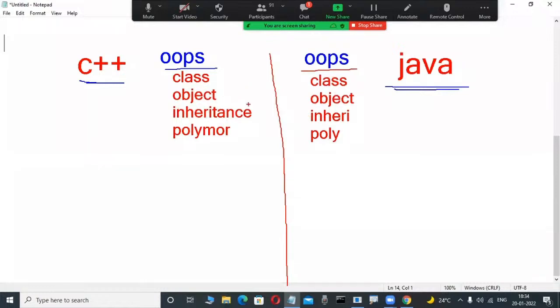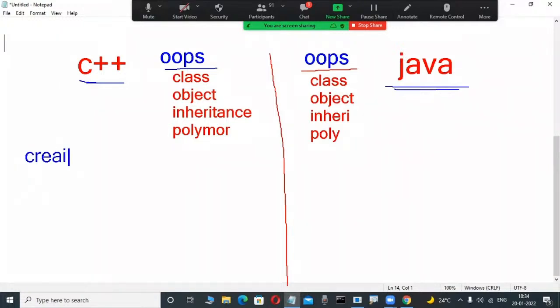C++ and Java, conceptually: what is class, what is object, what is inheritance, what is polymorphism, encapsulation, binding, something like that. But observe here. Anybody guess it? Suppose in C++ I want to create an object from a class, what is the syntax?